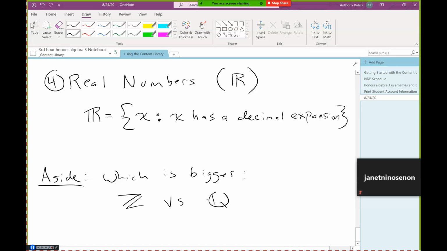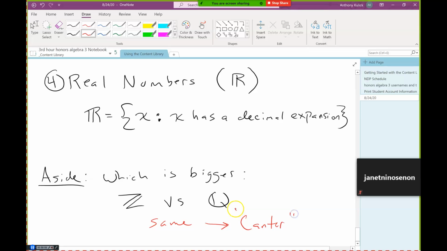Integers versus rational numbers. You'd think that, right? Because all the integers are contained inside of the rational numbers, right? Turns out they're the same. This was a super surprising result.